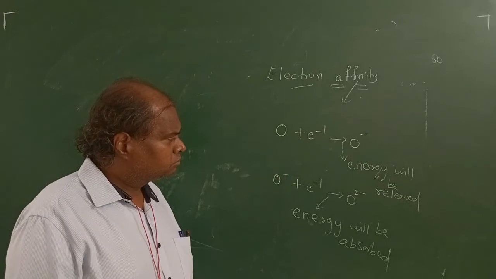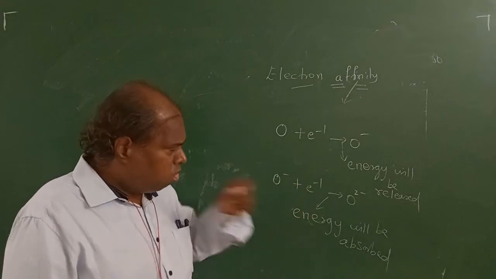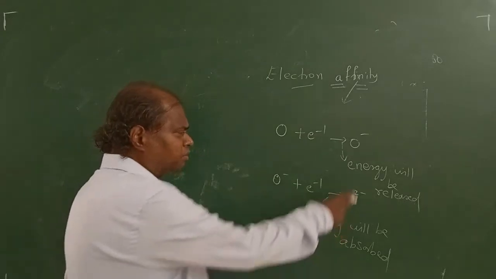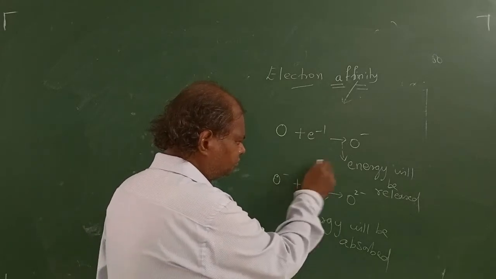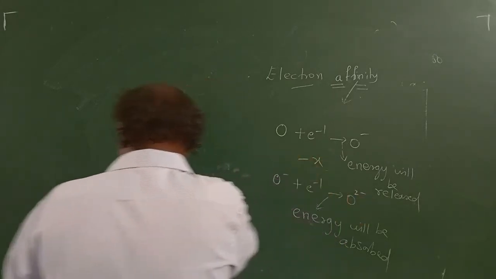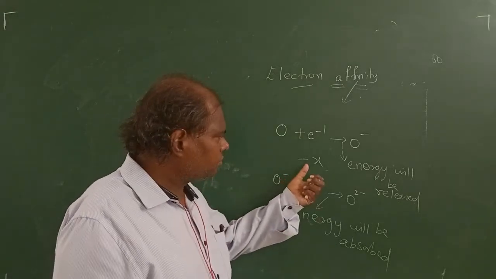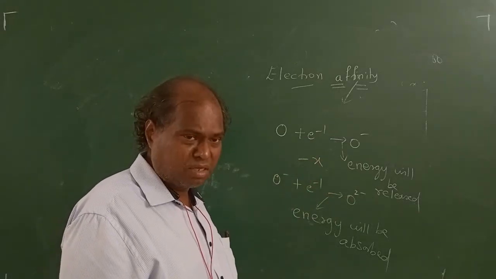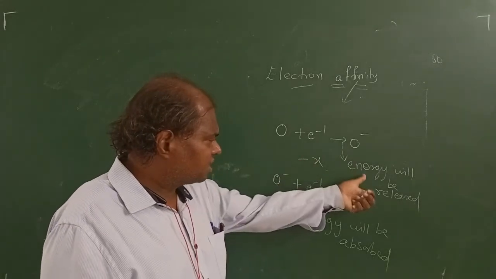So in the first case, energy will be released. Now, let's see which is more. This energy we can find out from books actually. Suppose the energy that is released is X. Whenever energy is released, we write a minus sign. That is sign convention.